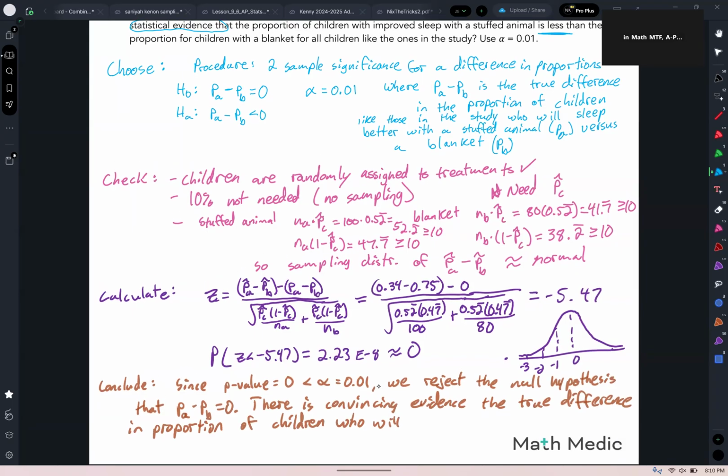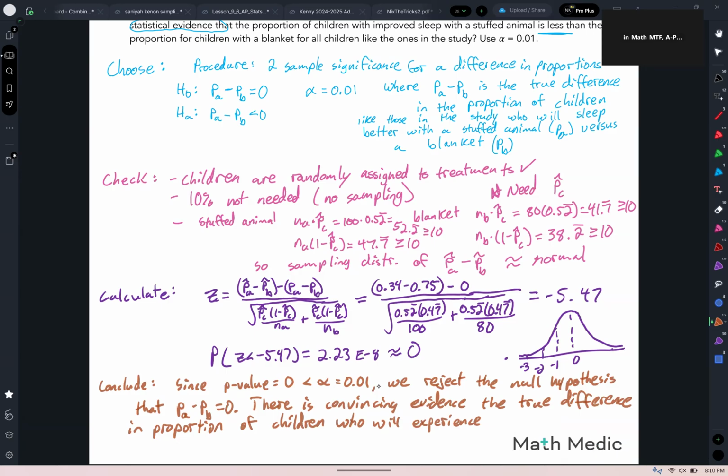And we want to imply that it's going to cause it for everybody. So the true difference in proportion of children who will experience improved, or let's say better, more improved sleep.